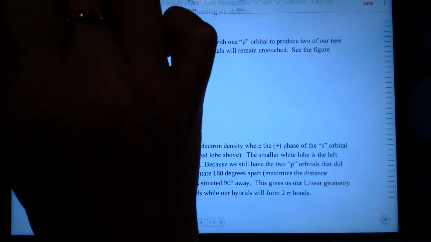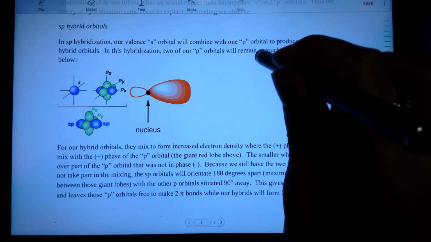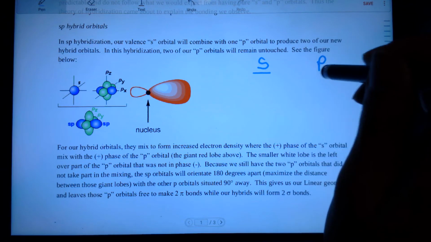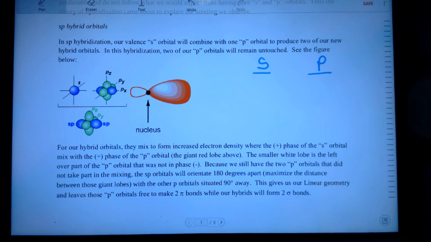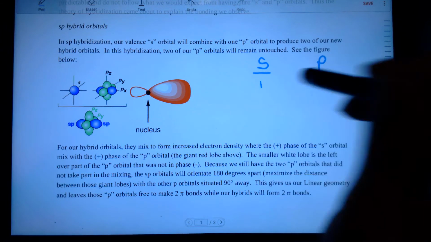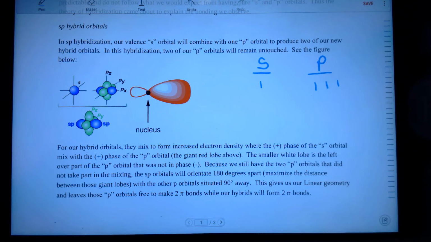So we'll start off with sp. While we do this, I want to track what we have in terms of S and P. In a regular atom, we have the 2s orbital, so we have one of these, and we have px, py, and pz. So we have 3 p's and 1 s.